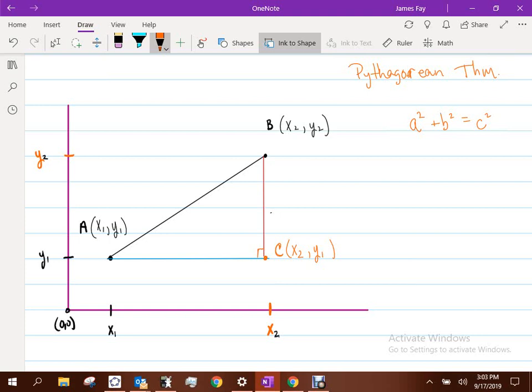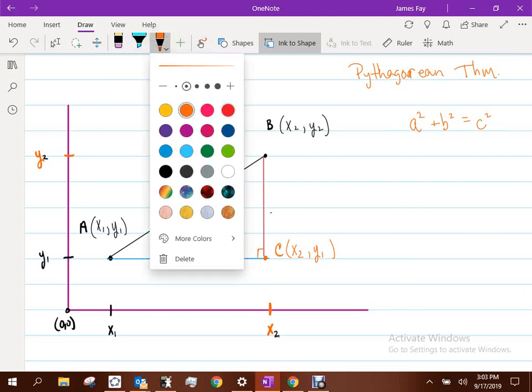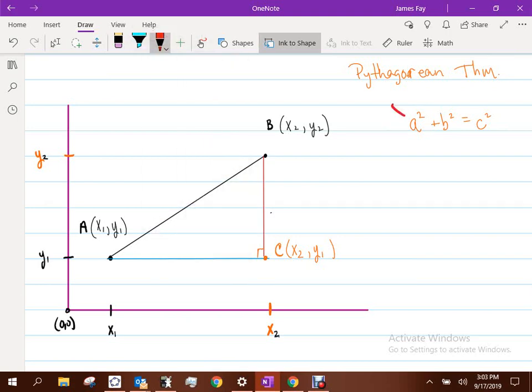Where a, you guys remember what a represents? That's a leg of your triangle. B is the leg. What's C then? You guys remember the C being the hypotenuse? Is that what we're going to say?